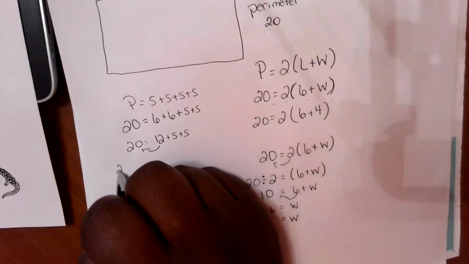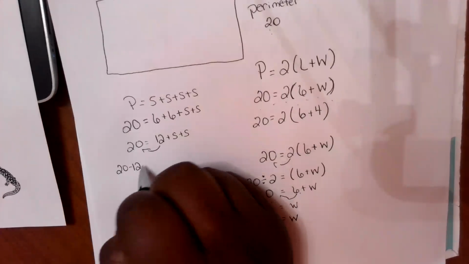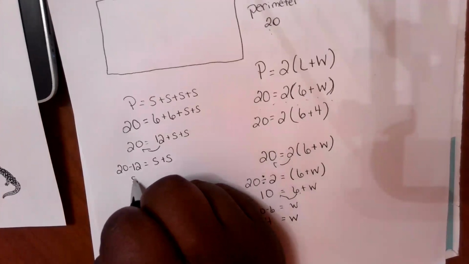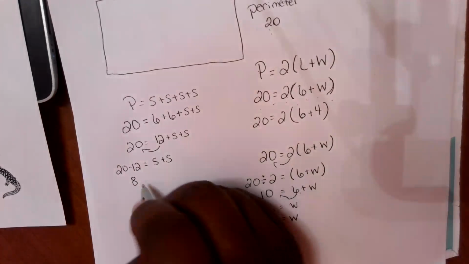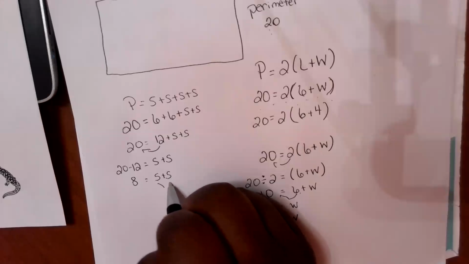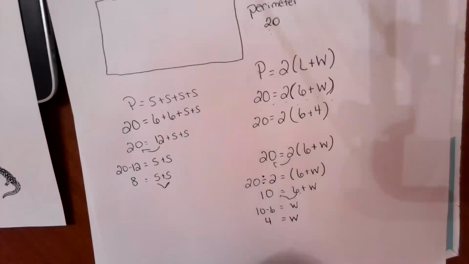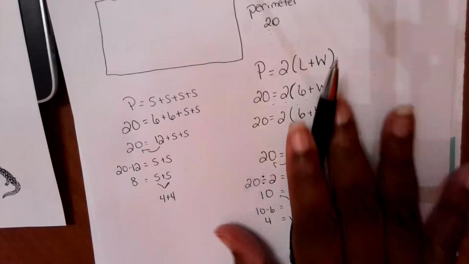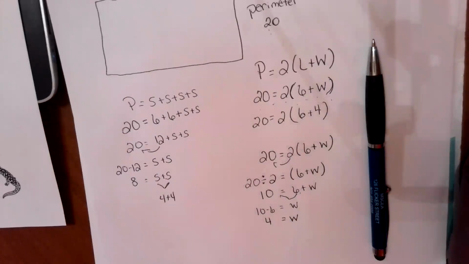So I have 20 minus 12 equals S plus S, and that's 8 equals S plus S. And I know both of these have to be the same number. So that'll give me 4 plus 4 equals S, on my sides.